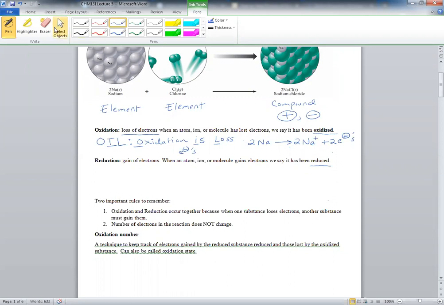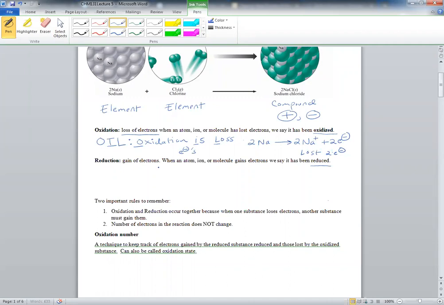Let's just ignore the apostrophe here for the sake of clarity. So that's two electrons. They were lost. They came out on the other side. So this is oxidation. We say sodium has been oxidized and lost two electrons. So keep an eye on those electrons.